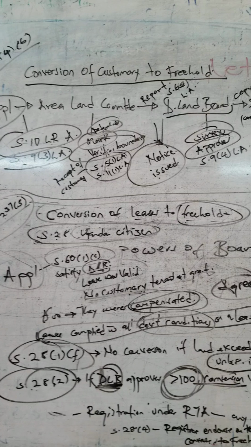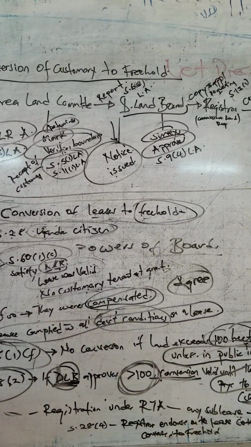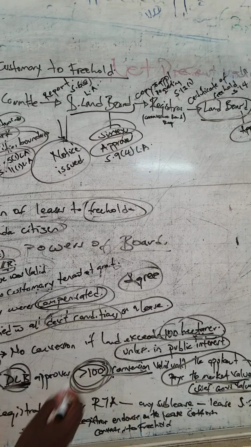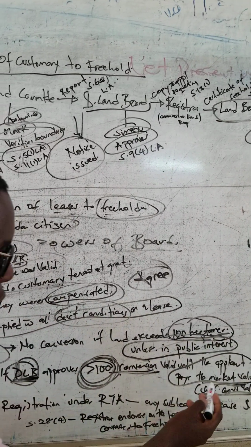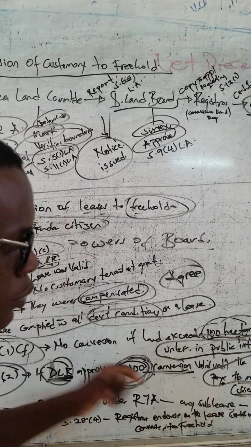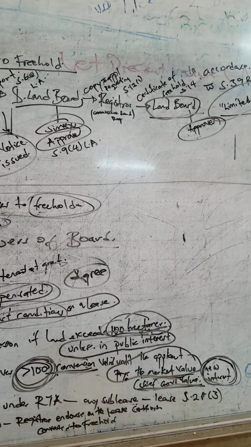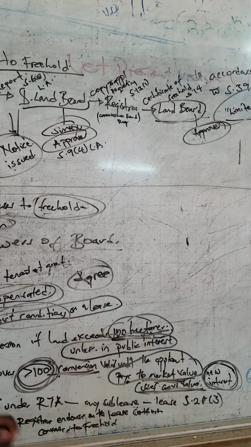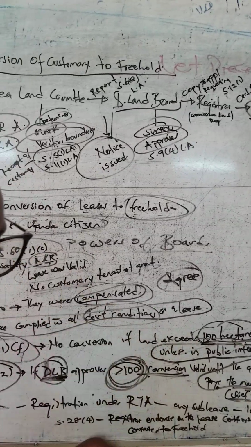But however, they say that if the conversion was made when the land didn't exceed 100 hectares, then you are not put to pay this market value of the new interest. So bear that in mind.